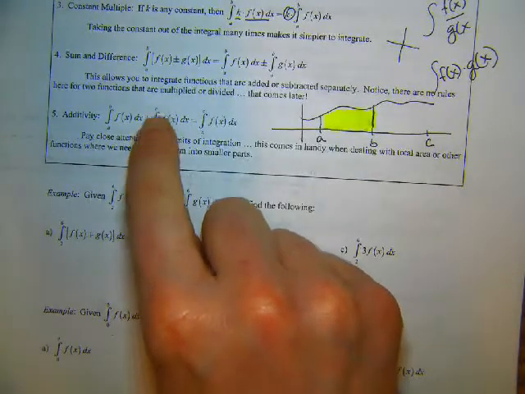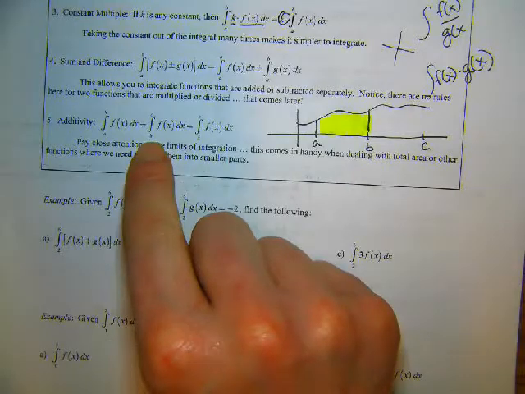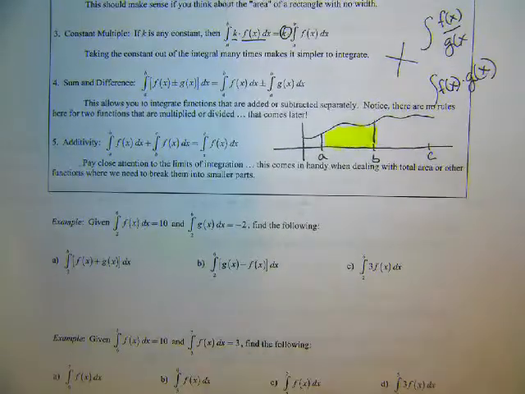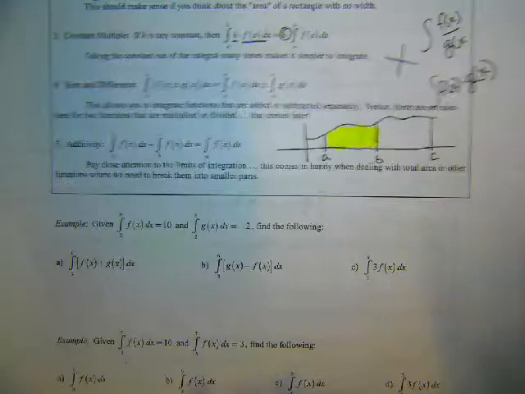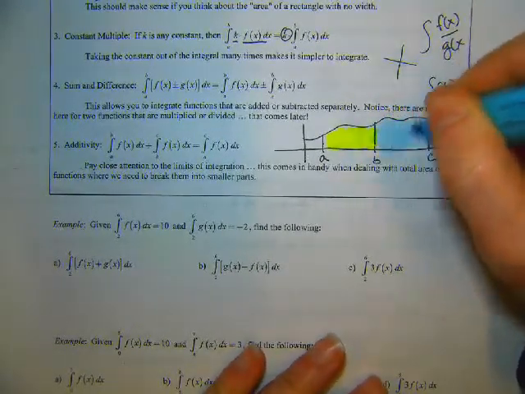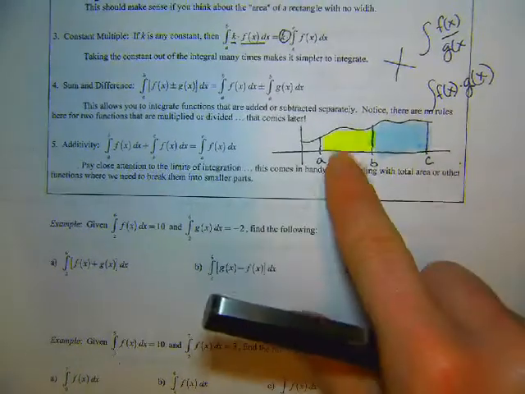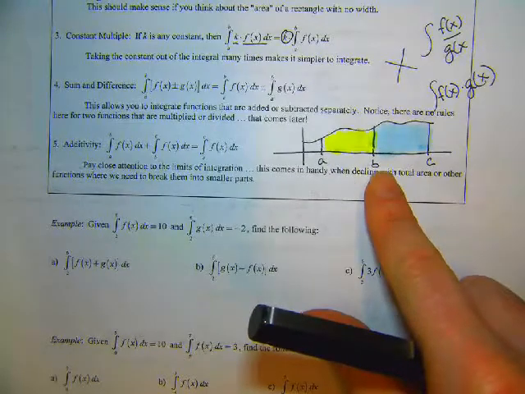What would this area be if I highlighted it in a different color? So if I wanted to do A to C, don't you think you'd just add those 2 integrals together?